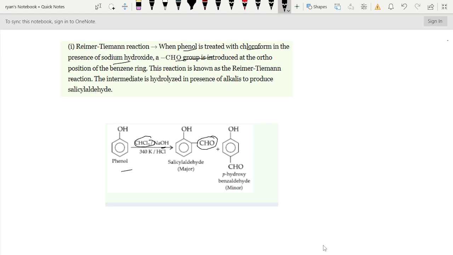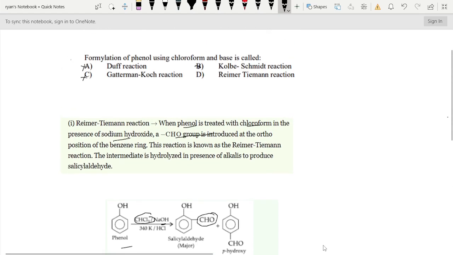In this major product, the CHO group is introduced into the ortho position, and the minor product is para-hydroxybenzaldehyde. Here in this question, formylation of phenol using chloroform and base is called Reimer-Tiemann. Therefore here the correct answer is option D.